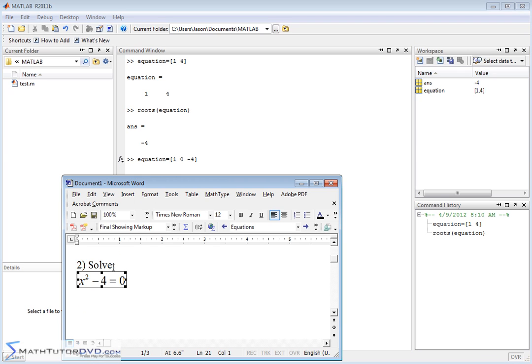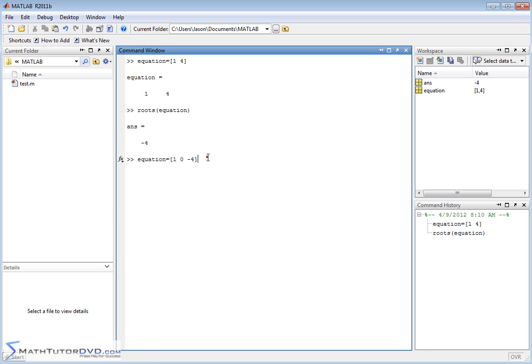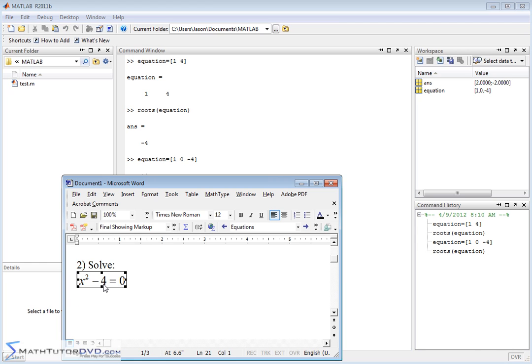Anytime you have a 0x or anything missing in the descending order of x, you need to put that in there. This tells Matlab that this is a second-degree polynomial: 1x squared plus 0x minus 4 is equal to 0. Let's set that up and do the roots of equation. It says plus or minus 2, which again is exactly what you would expect. You move this over and make it 4, take the square root, and you get plus or minus 2.